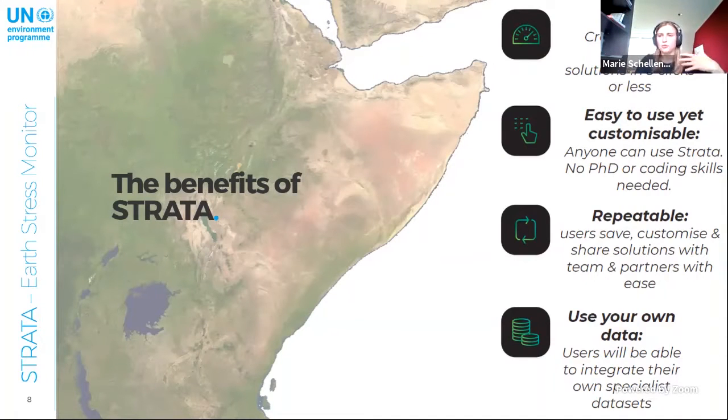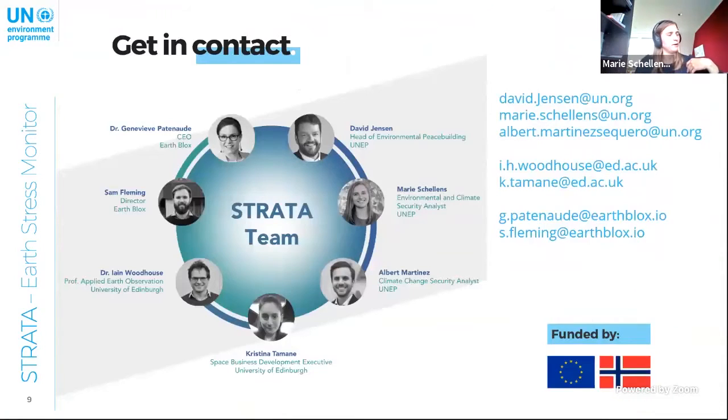It's repeatable, so you can save the customized analysis that you did, and you can use your own data. So if we provide a data set on, like, where population is living, but actually you have better data, or you have specific data on migratory routes of herders, for example, you can really include that into the existing default analysis as well. And that's where I would like to end.